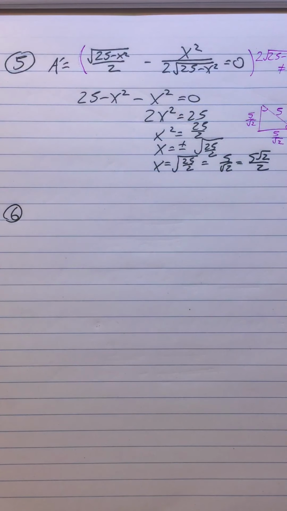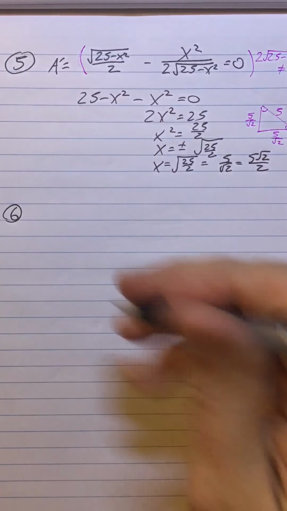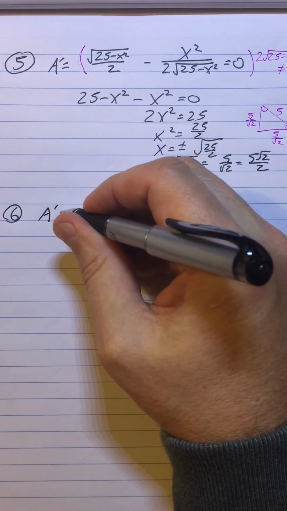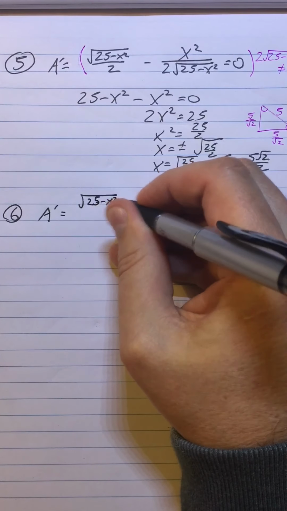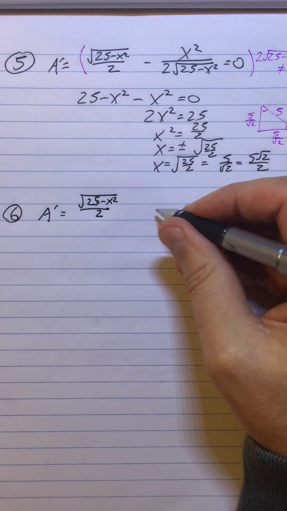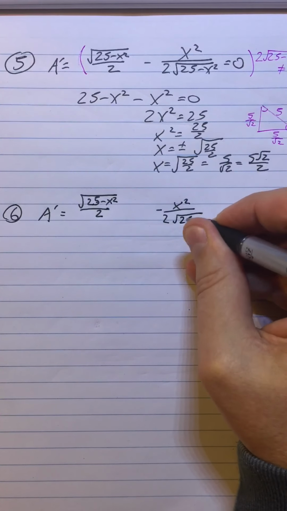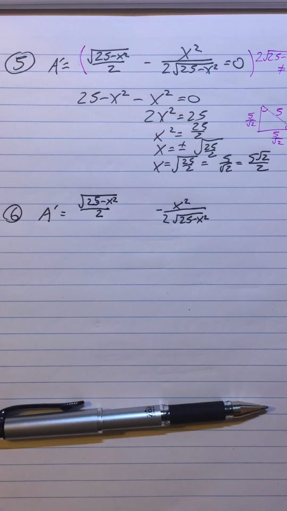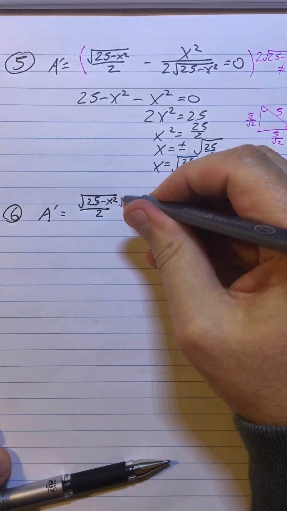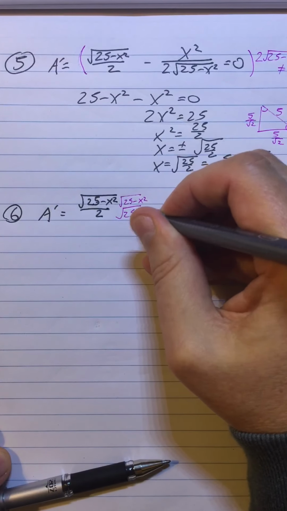In order to do the first derivative test, we are going to need to get a common denominator for these two. So when I look at my A prime, which is equal to square root 25 minus x squared over 2 minus x squared over 2 square root 25 minus x squared, what I can do is get a common denominator for these by multiplying the top and bottom by square root 25 minus x squared on this fraction.